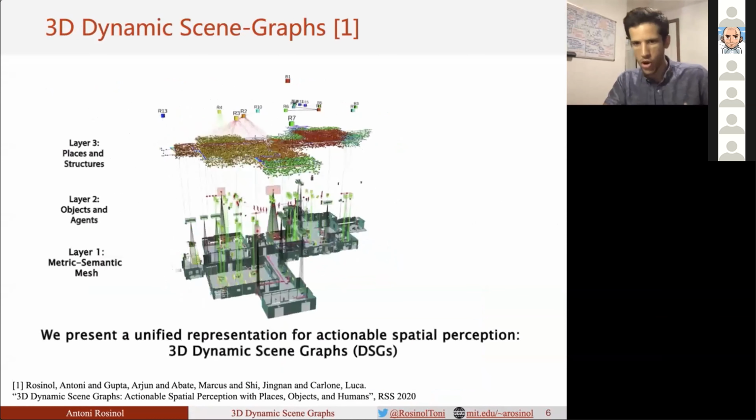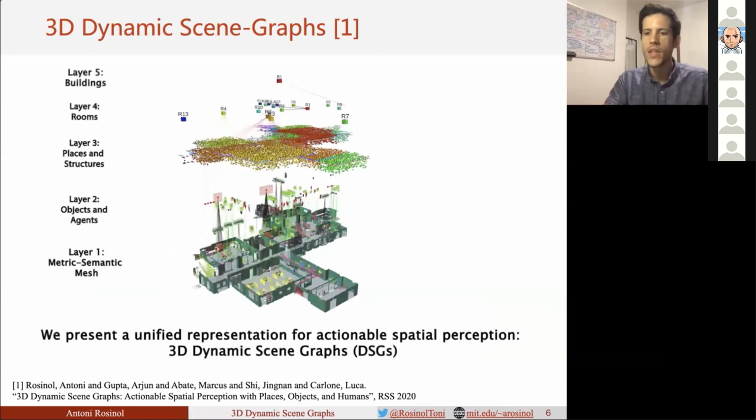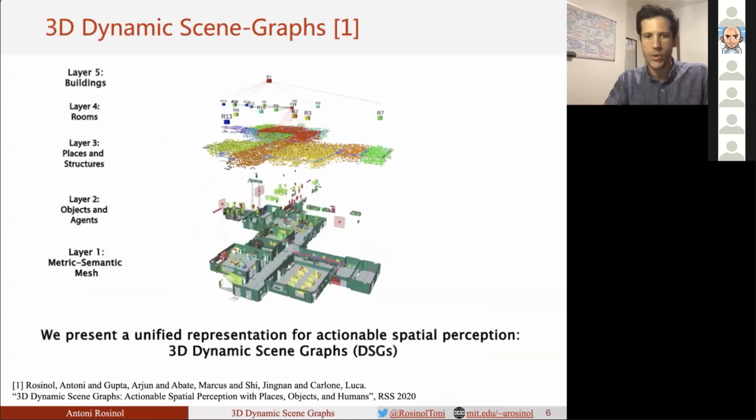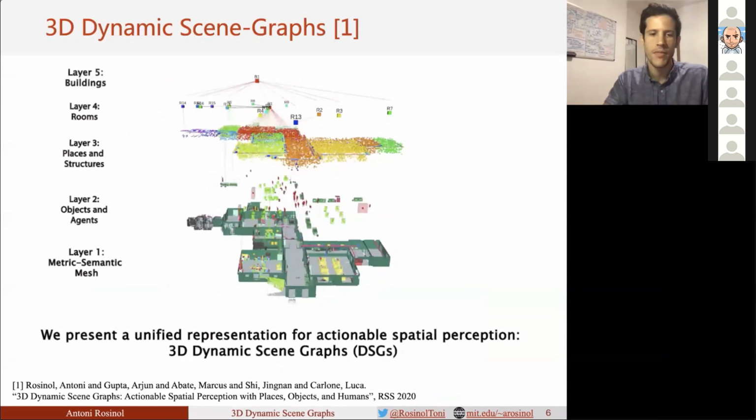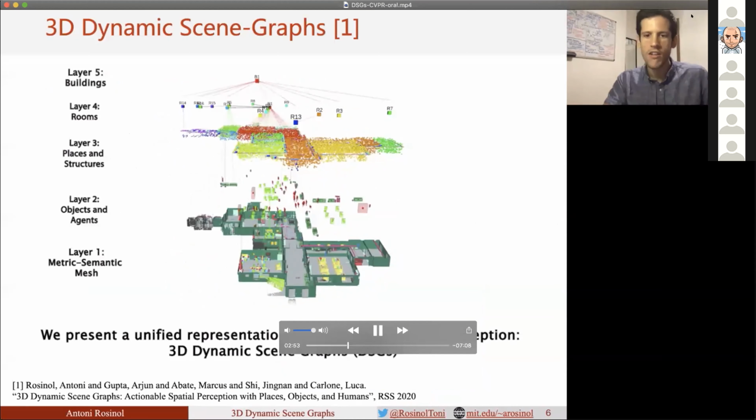For example, objects and agents in layer 2, places and structures in layer 3, rooms as in layer 4, or even buildings in layer 5. This representation is compact, modular, scalable, fast to build, and most importantly, actionable, as we will see next.